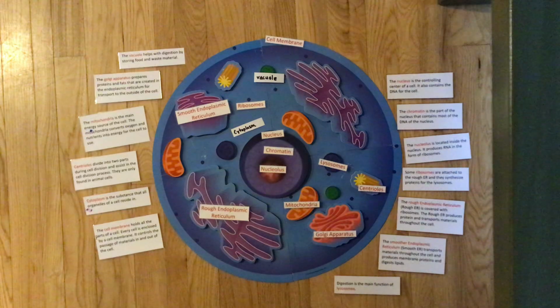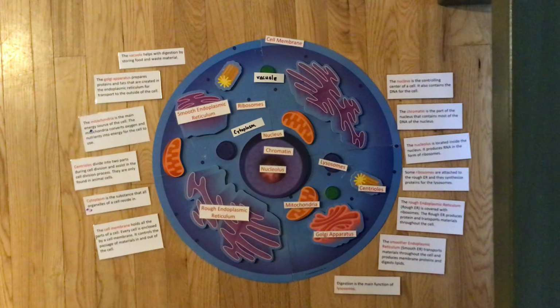We've seen some pretty creative cell models. Some kids I've seen have made a cake and decorated the different parts of the cell and labeled them. Some kids have created clay models. Others have taken leftover Halloween candy and labeled each Halloween candy as a different organelle in the cell. Some just kind of dug into their art cabinet and found different pom-poms and colors and sequins and all sorts of little things.